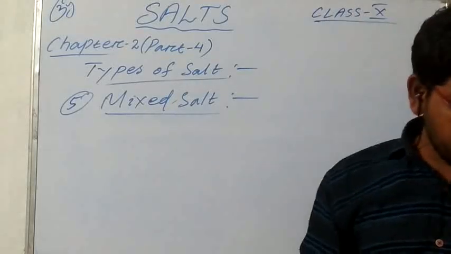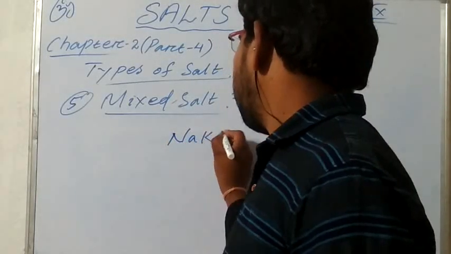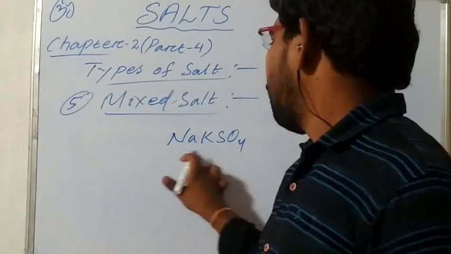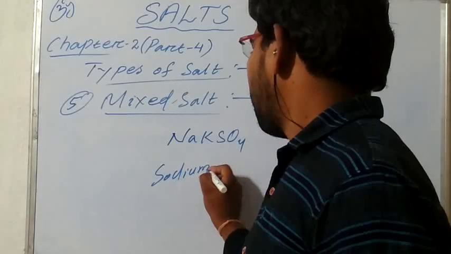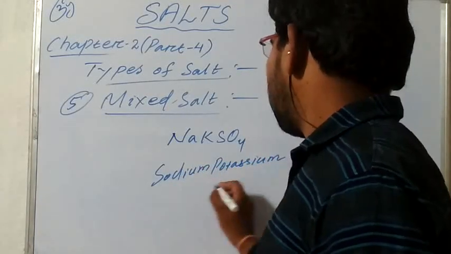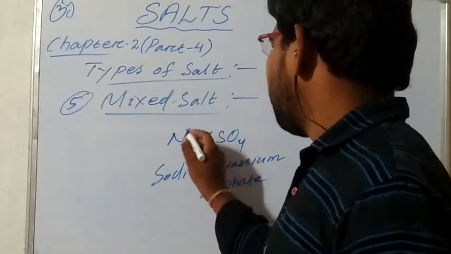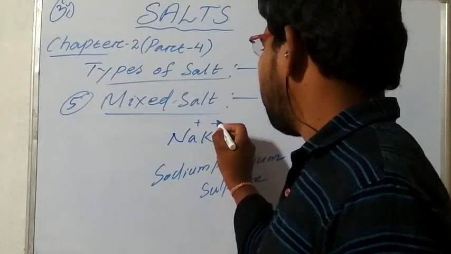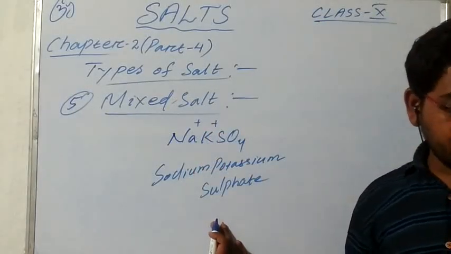For example, NaKSO4, sodium potassium sulfate. Here 2 cations, Na+ and K+, are present, so it is an example of a mixed salt.